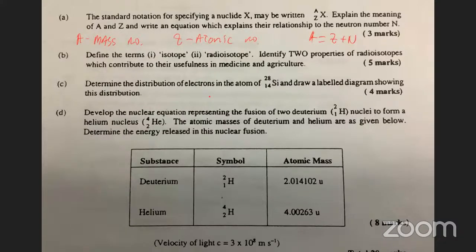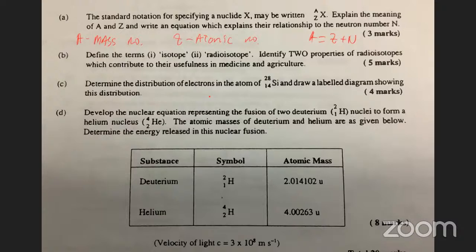All right, next one, radioisotope. I don't think you have this one in the summary, so write this one down. A radioisotope is an unstable form of an element.